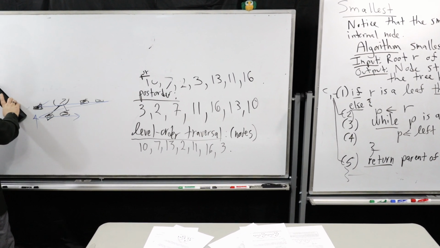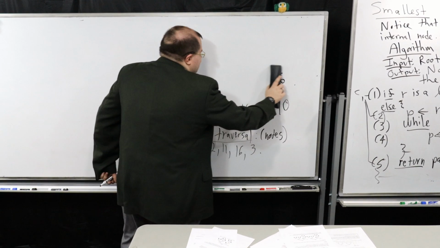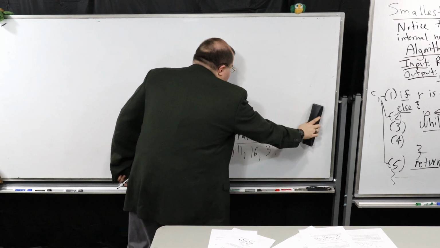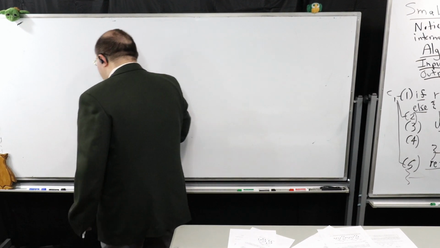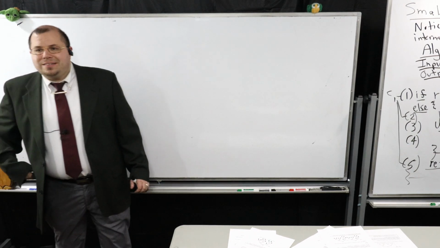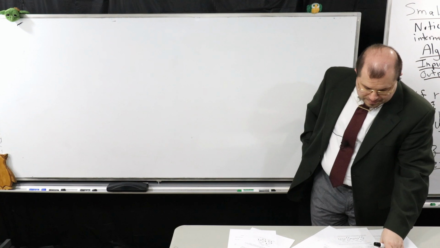That might mean I have to go through a lot of nodes. But here's the great thing: we know a lot about proper binary trees. So why don't we try using some of the concepts that we've been seeing with trees? Let's try applying some of these things.